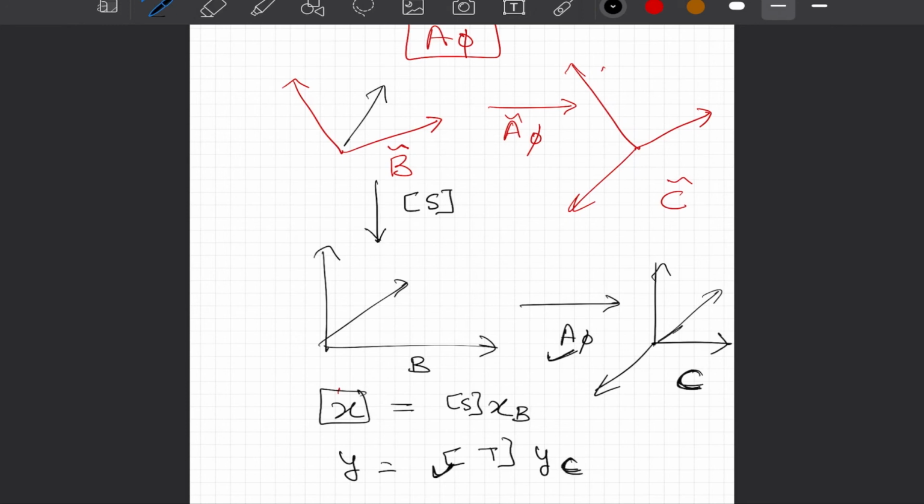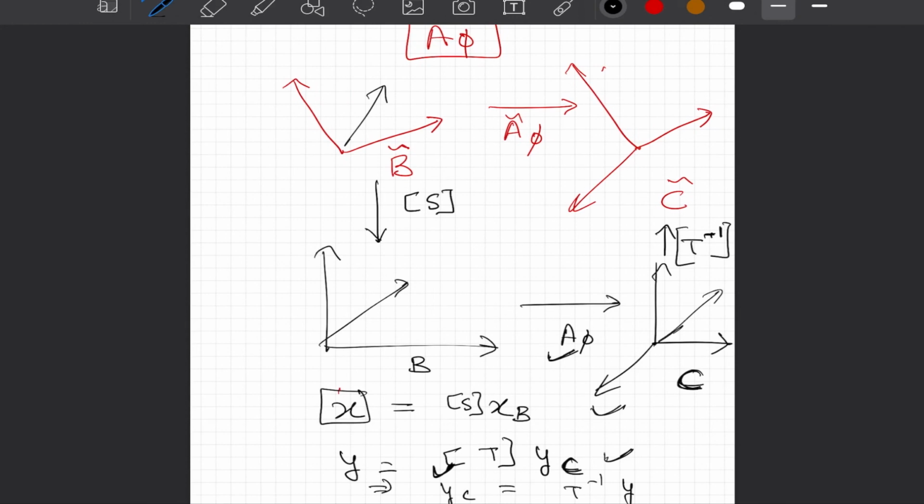That is, if we identify the coordinate system in which the original vector was represented and put that together in the form of a matrix, we can write this equation analogous to x equals SXB, which implies YC can be written as T inverse Y. That means we can go from standard to non-standard basis by taking the inverse of the basis matrix, which we obtain as the inverse of the transformation from C to C prime.